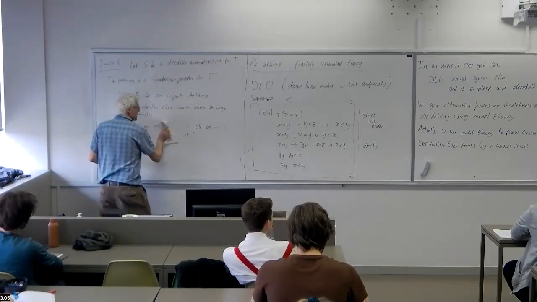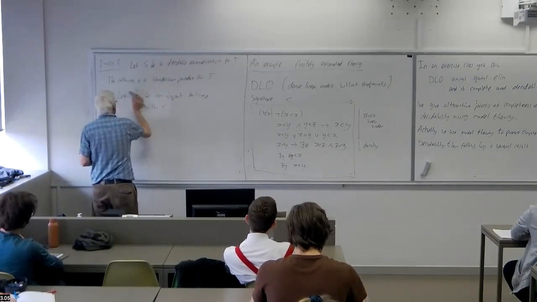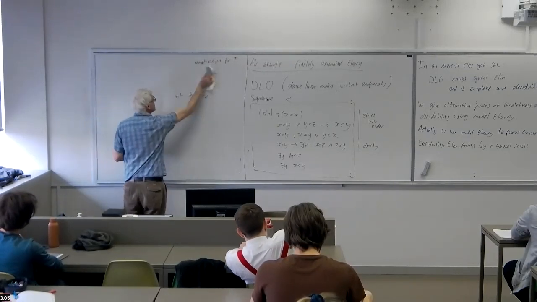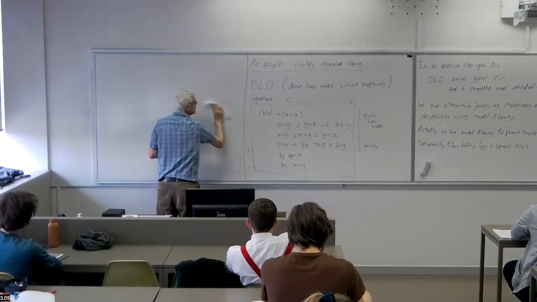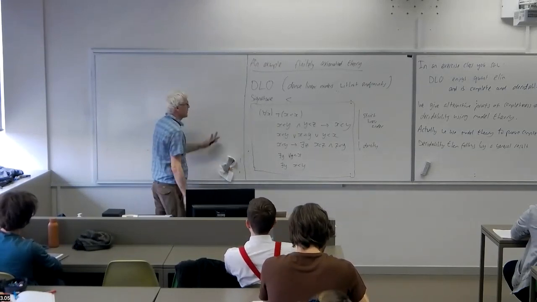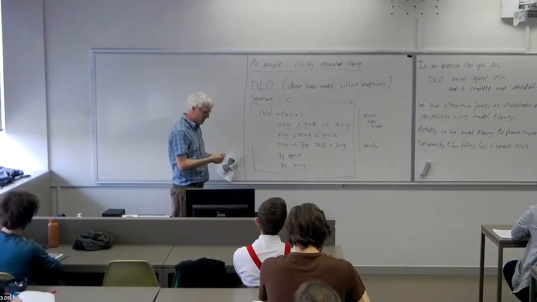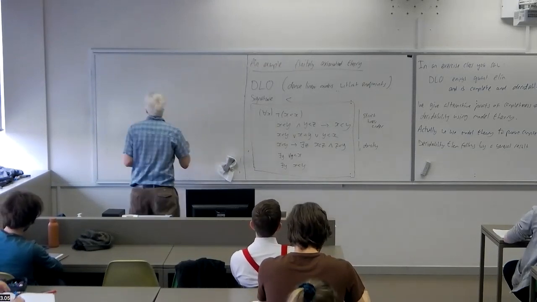I'm kind of interested how many people have seen this before, actually. So this is a result now specifically if we want to prove that dense linear orders are complete. So let's consider some example dense linear orders.